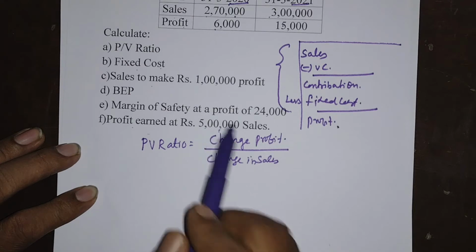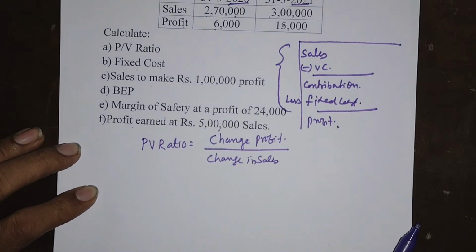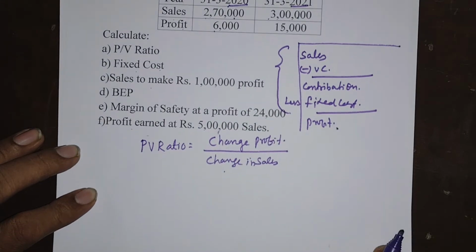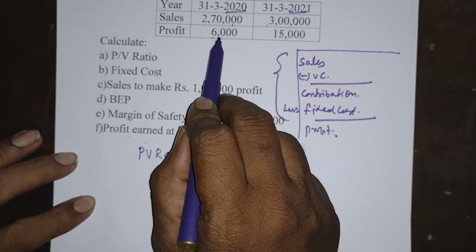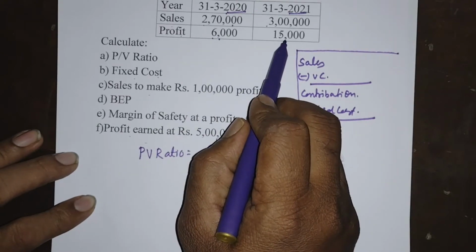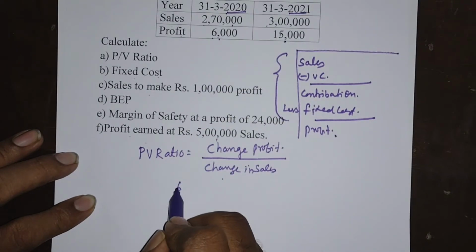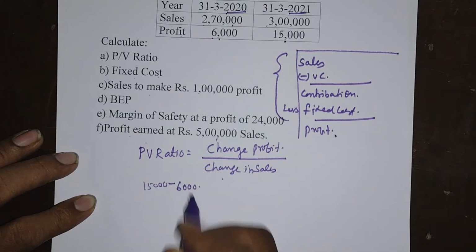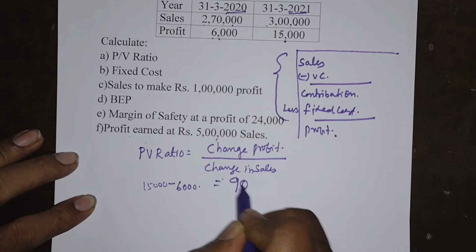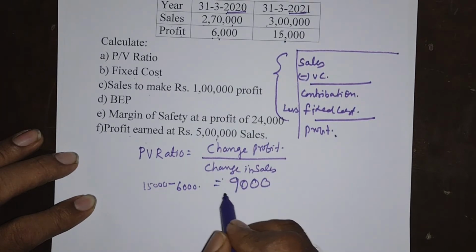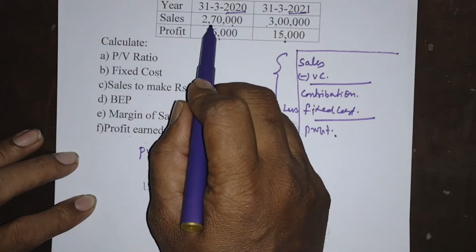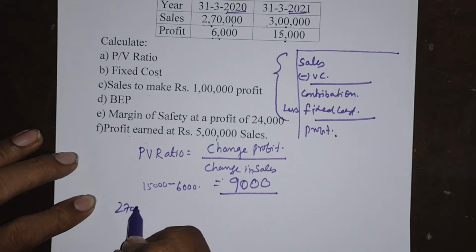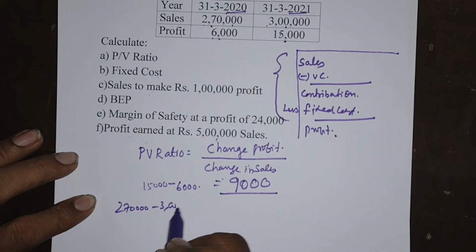The formula for PV ratio is change in profit divided by change in sales. The profit of the first year is 6,000 and profit of the second year is 15,000. Therefore, 15,000 minus 6,000 is 9,000, divided by sales 2,70,000 and 3 lakhs.